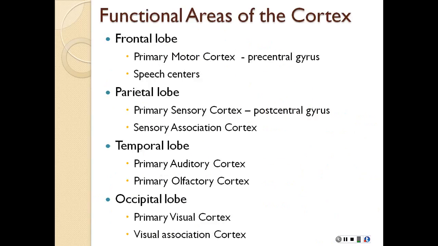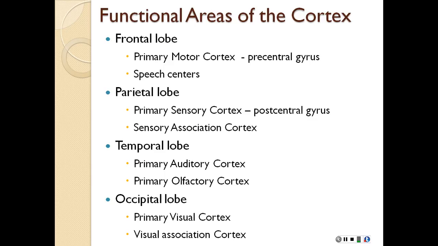Don't forget those points that we mentioned before. Okay, so this is just an overview of some of the functional areas. We'll go a little bit deeper later. So just in general, you should have an idea of what the different parts of the cerebrum actually control. What do they do?